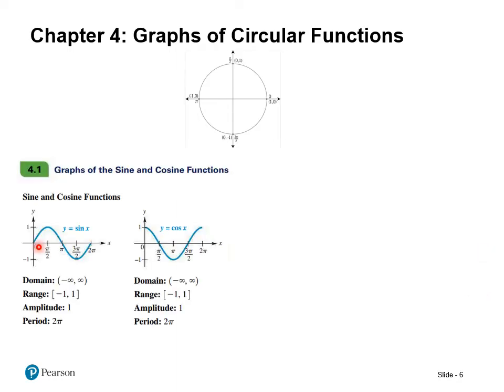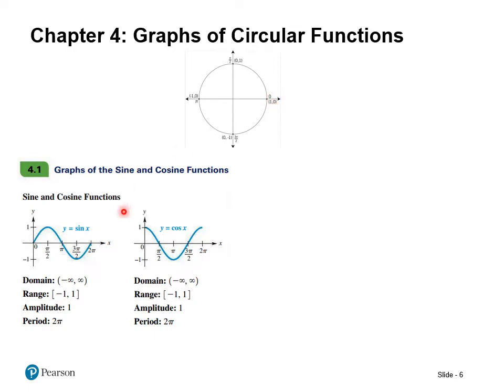So when we think about, again, if we look at the unit circle and we think of the sine function first, remember the sine is the y value. If we're talking about sine of x, or the sine of this angle, the angle equals 0, and the y value is the sine value.